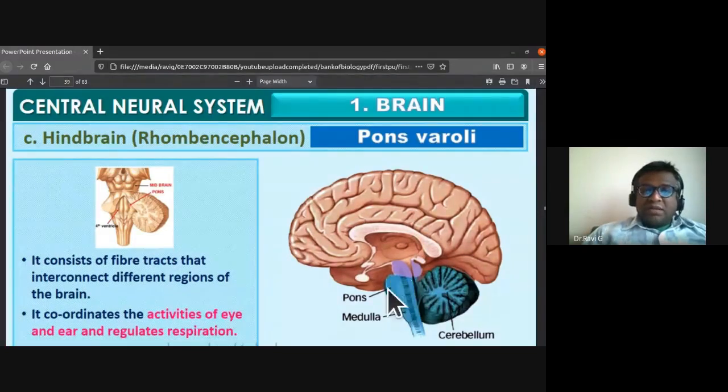It coordinates the activities of the eye and ear, and it regulates respiration.